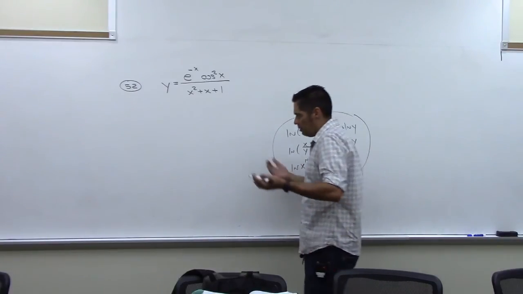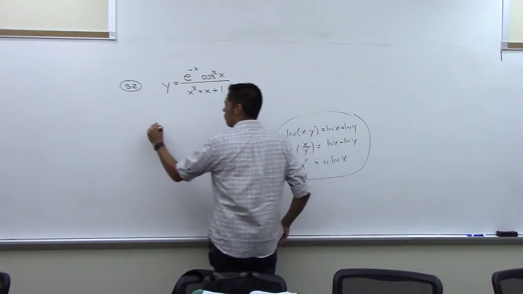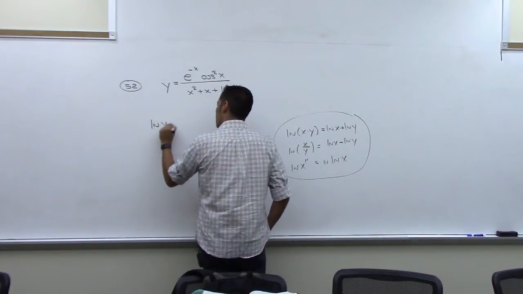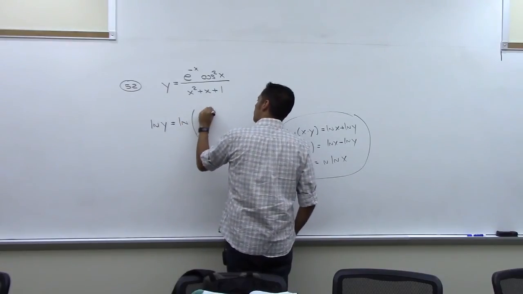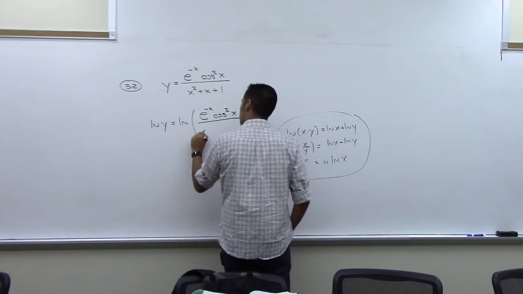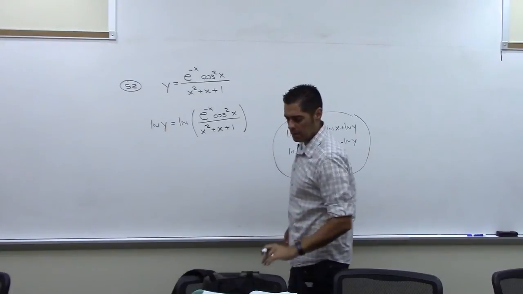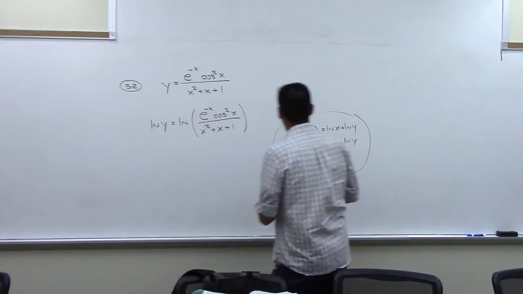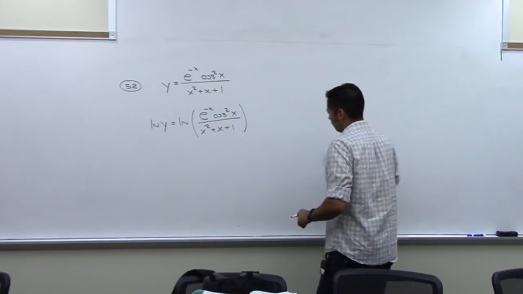So for logarithmic differentiation, we're going to take the natural log on both sides of the equation, which we are allowed to do because the natural log function is one to one.